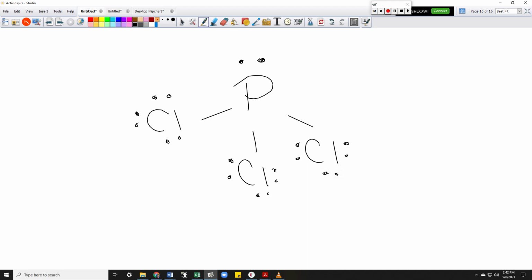That is the shape that you will draw on the test. You just got to figure out which one it is and what elements are present. Why can't you leave it how we had it drawn originally? Because it's not drawn according to VSEPR rules.